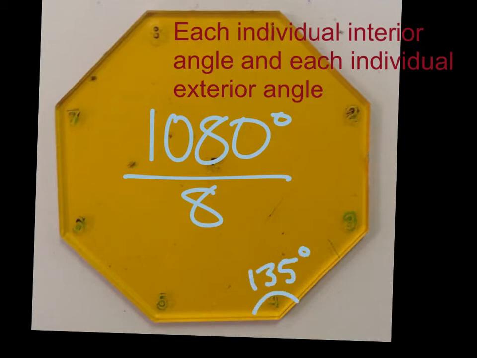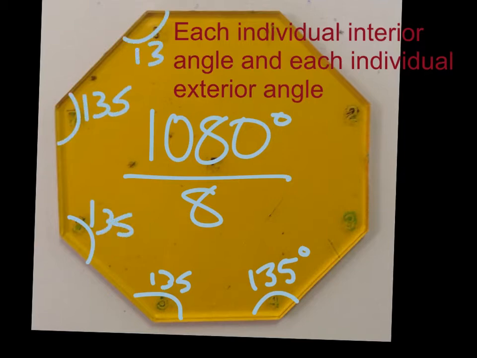So now that I know that each angle is 135, because I can assume that in this regular shape all angles are exactly the same, which is going to get us that definition of regular. If I can assume that, then what comes from this next one of exterior angles is, okay, if the interior is made up of 135 degrees, then the exterior is made up of whatever the supplementary angle is.